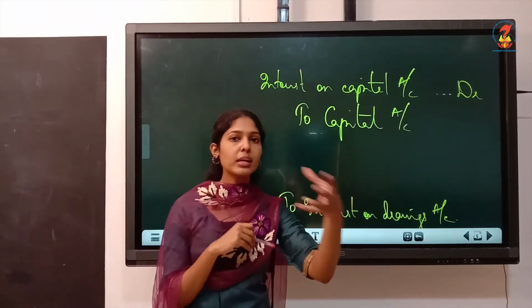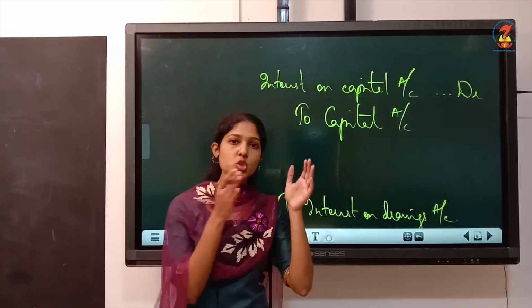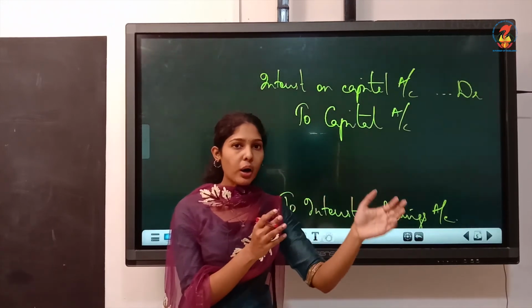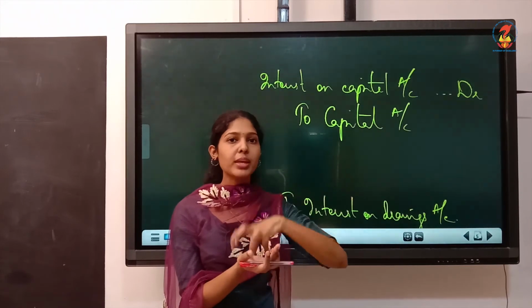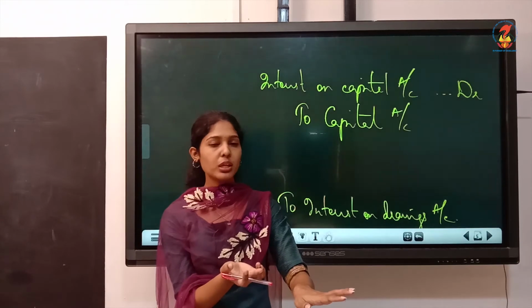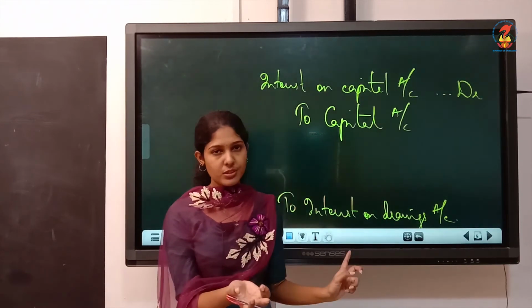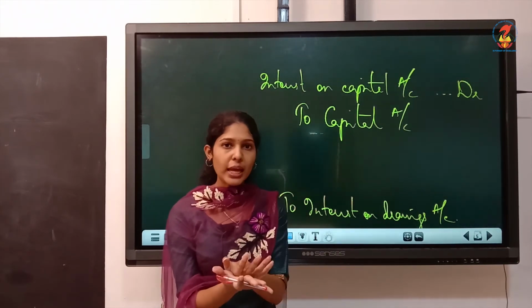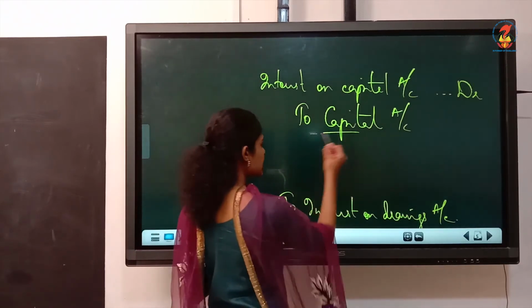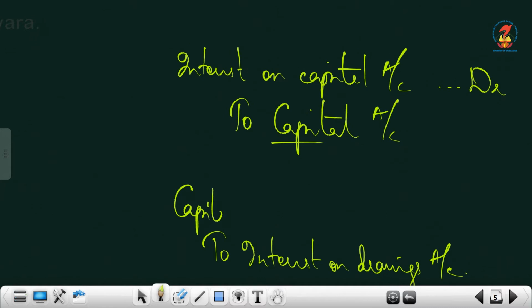From where you are taking the interest actually? On which amount will you charge the interest? See, the owner will take amount from the capital for his personal use. So on that amount you are charging the interest on drawings. So on which item you are charging all these? It is again on the capital you are charging the interest on drawings.